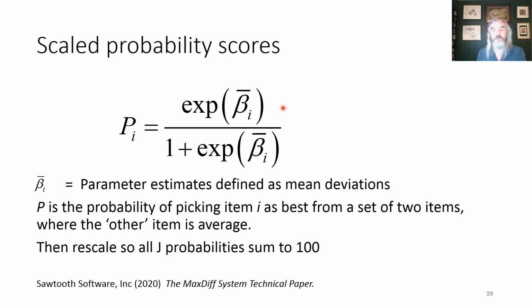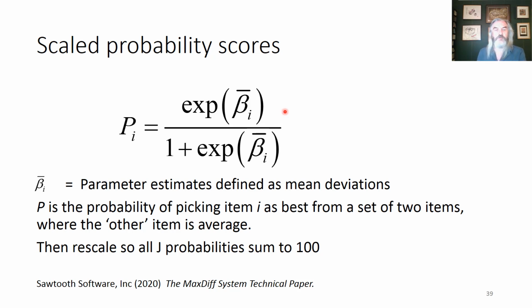What that means is that the average item, which may not exist, but if you think of an item at the center of this distribution, will have a coefficient of 0 by definition, because the parameters are defined as mean deviations. So what's this formula for?